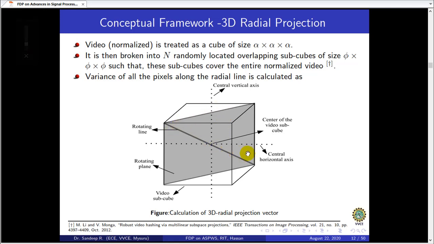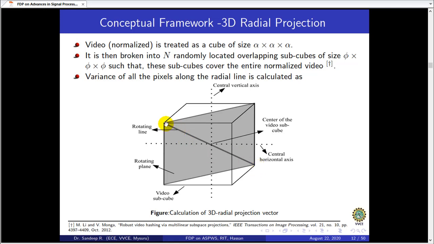Now, this line rotating on the plane covers the entire plane, and this plane rotating in steps of 1 degree covers the entire cube. Thereby we are covering all the luminance components present in this subcube. Whatever luminance components lie along this radial line, we calculate the variance of those pixels.